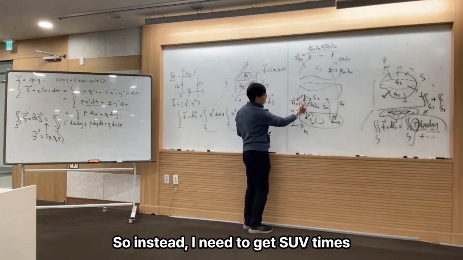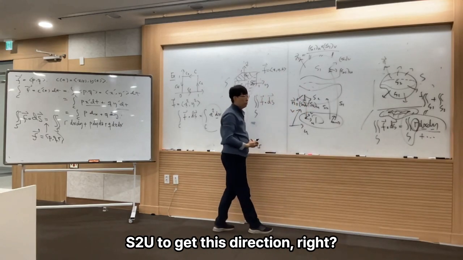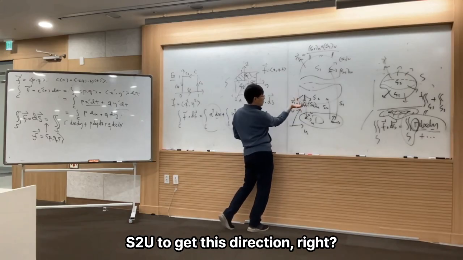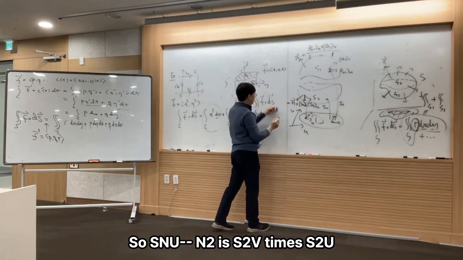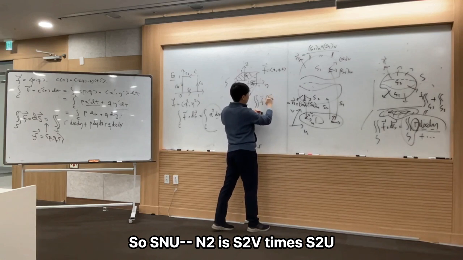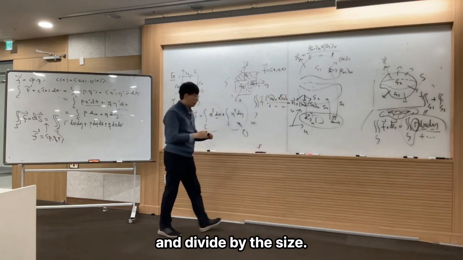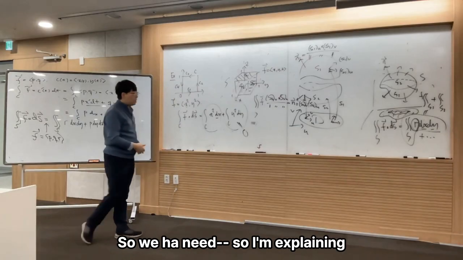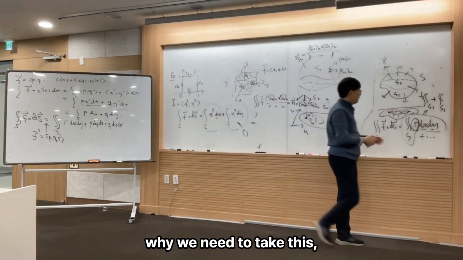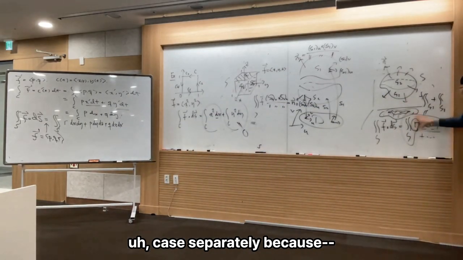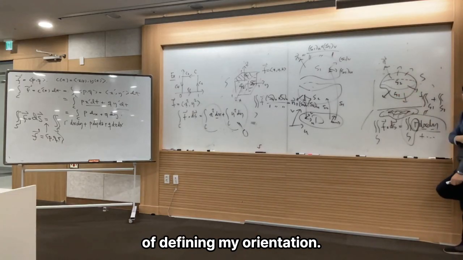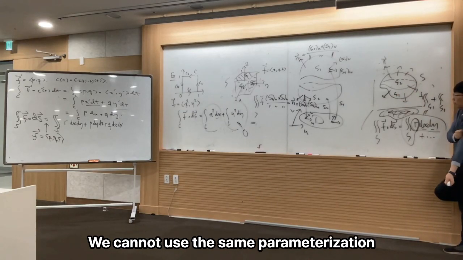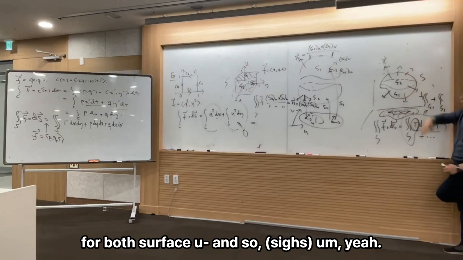So instead I need S2V times S2U to get this direction, to get the right hand rule. So N2 is S2V times S2U divided by the magnitude. I'm explaining why we need to take this case separately: we need two different ways of defining the orientation. We cannot use the same parameterization for both surfaces.